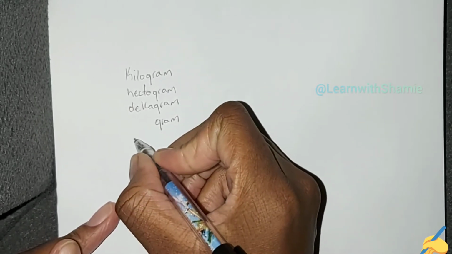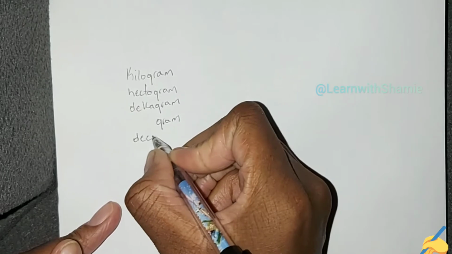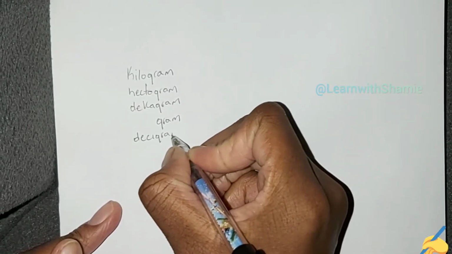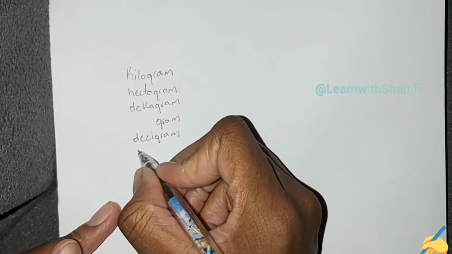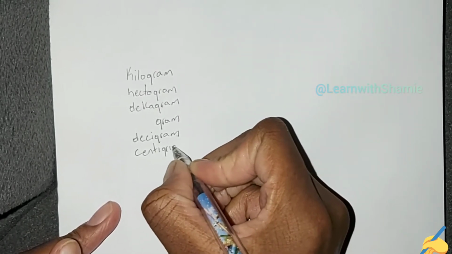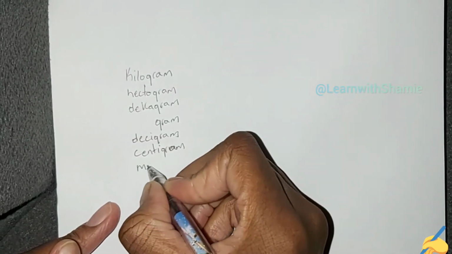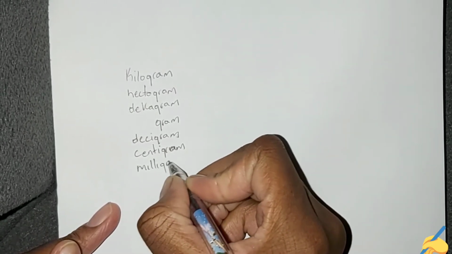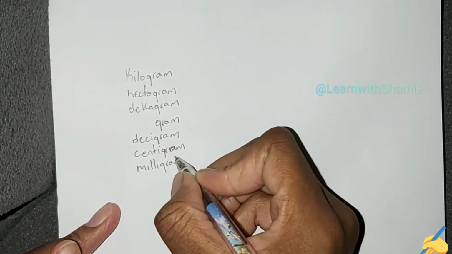Then you'd have decigram, then centigram, then milligram. So there are 7 units of mass that are being displayed on the metric system chart.